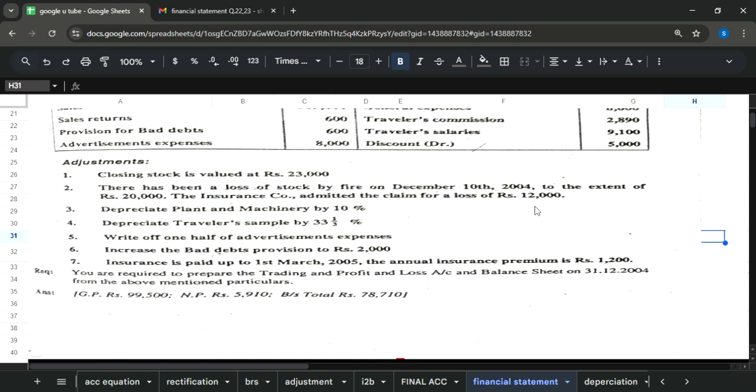Then insurance admitted the claim, that means they have not paid but accepted that they will pay in future 12,000. So guess how much the actual loss is. Look, total loss was 20,000. 12,000 we will receive from the insurance company. It means actual loss is 8,000. So let's adjust it.